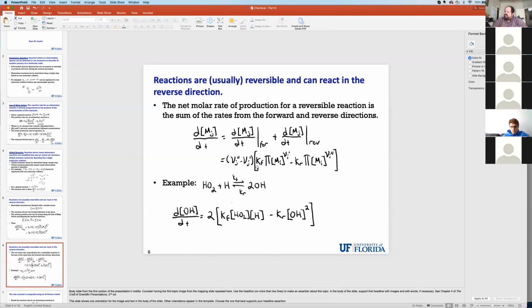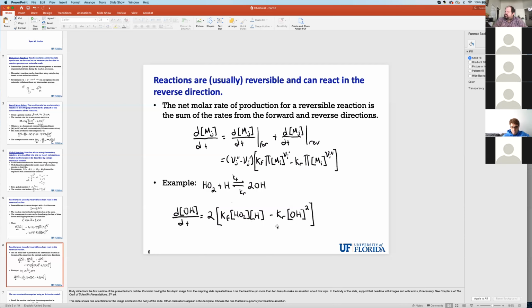We have the forward rate constant here, and we're going to do the product of all the concentrations of each reactant raised to the stoichiometric coefficient. So we have HO2, and there's only one of those, so that stoichiometric coefficient is 1. So we have the concentration of HO2 raised to the 1st power. Here we have atomic hydrogen, I should say, and there's only one of those, so we are going to multiply that by the concentration of atomic hydrogen raised to the 1st power.